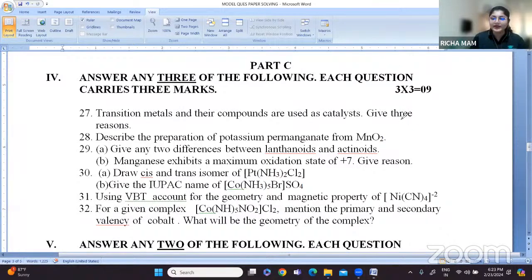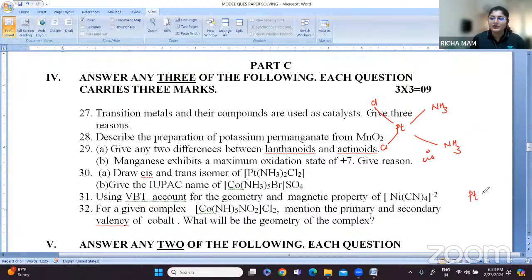So what you have to write? Platinum in the center. When the ligands are on the adjacent side, they are called cis.